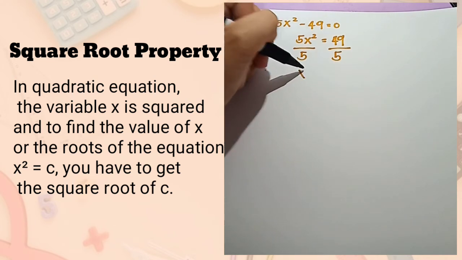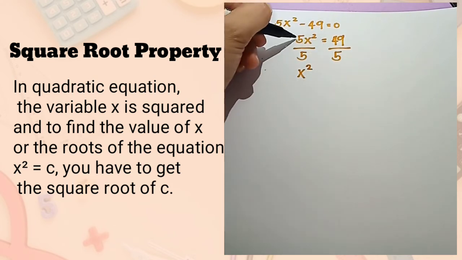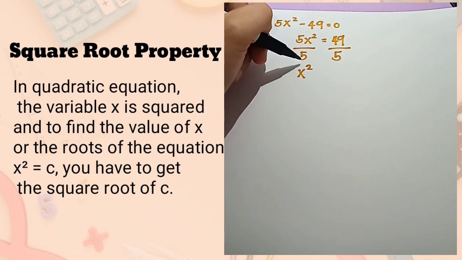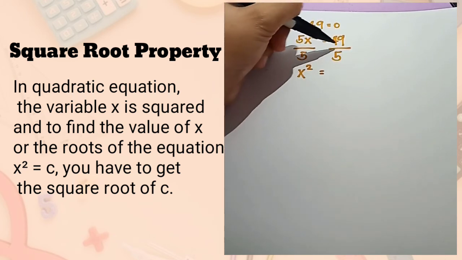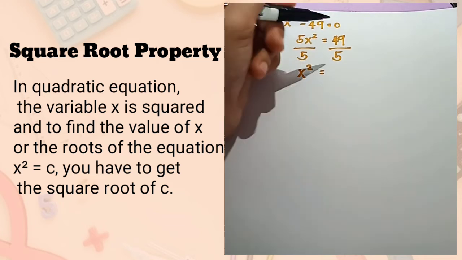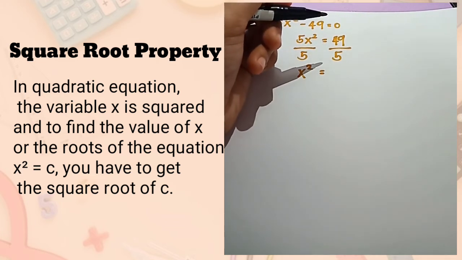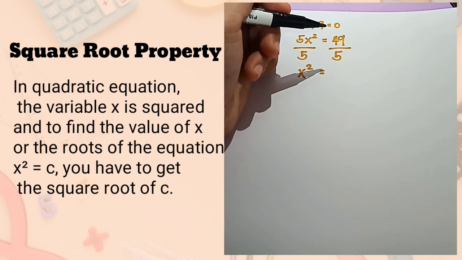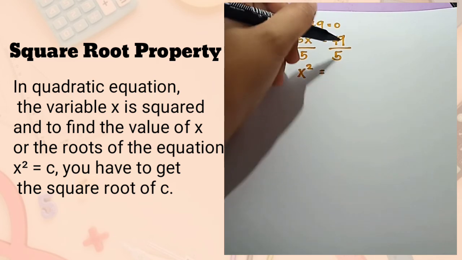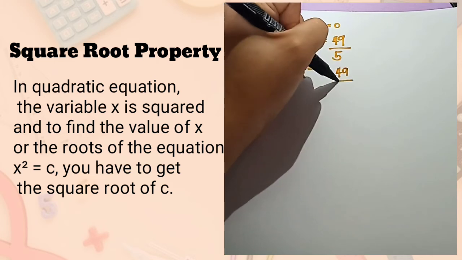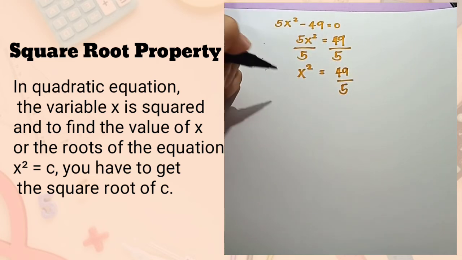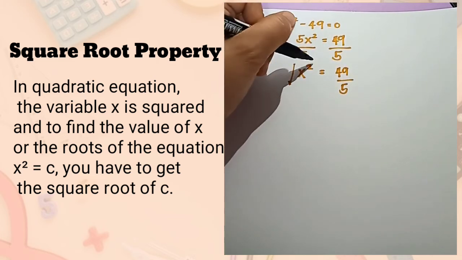Okay? So, matitira na si x squared. Kasi 5x squared divided by 5 ay equals to x squared. Then, equals to, so, since 49 divided by 5 ay hindi din ulit natin makukuhanan ng whole answer kapag dinivide sila, isusulat na lang din ulit natin sila into fraction. Then, tsaka tayo kukuha ng square root.